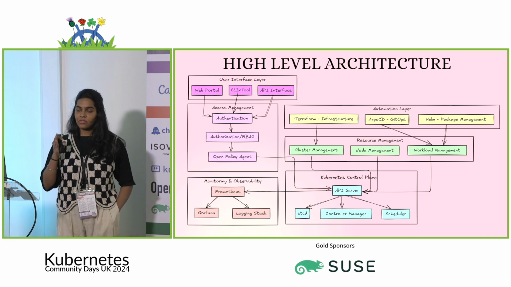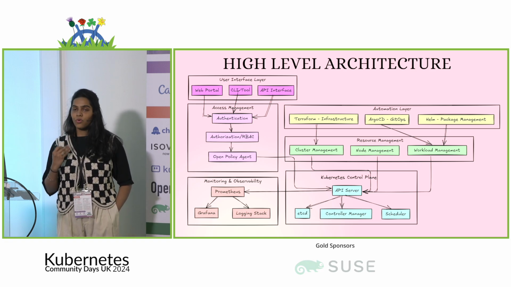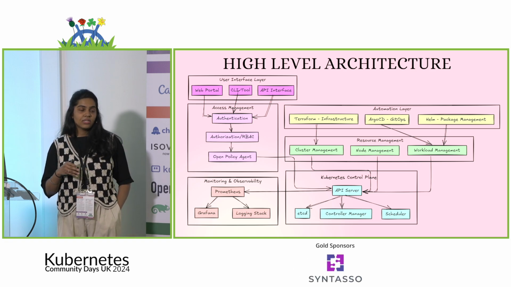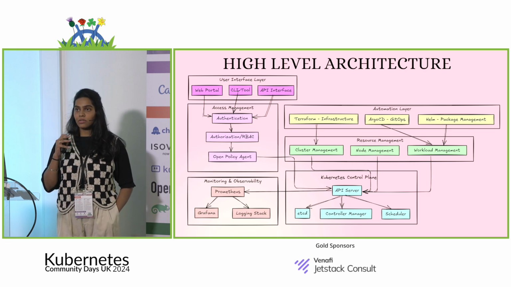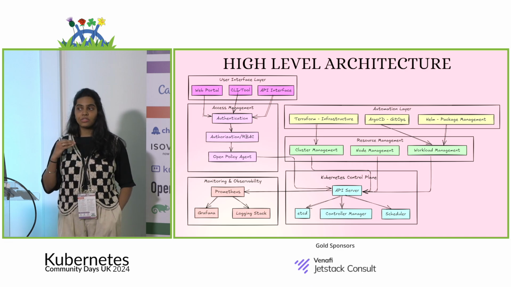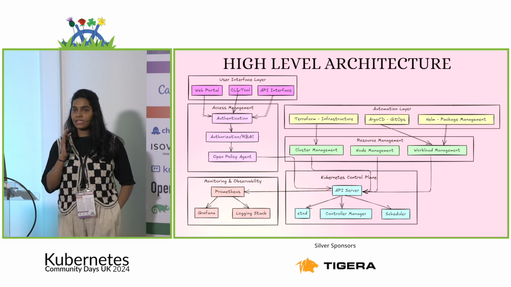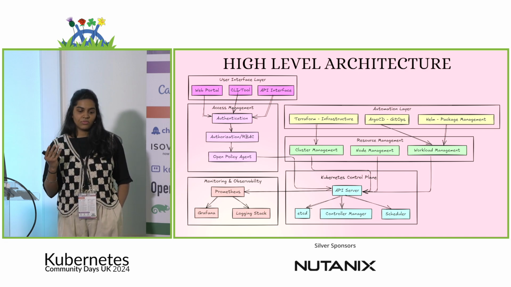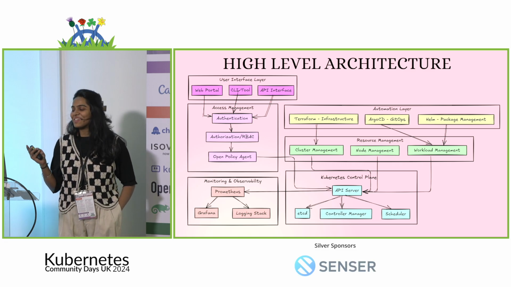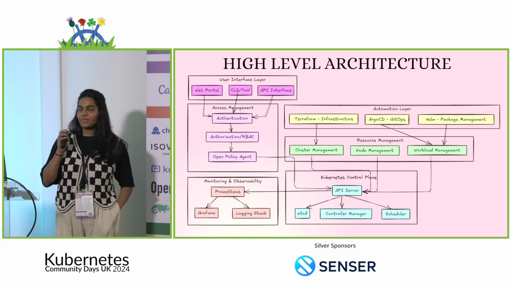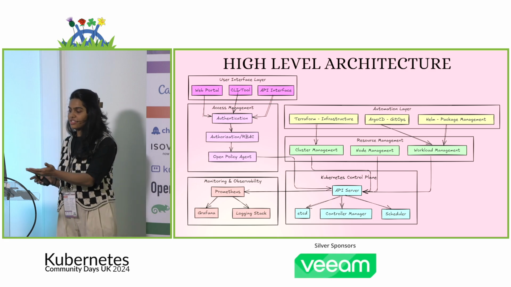Then once all this is done, what is important is monitoring. Whatever we have done, we should always be able to ensure that it's not having a bad impact on the money. For example, I've mentioned Prometheus and Grafana.